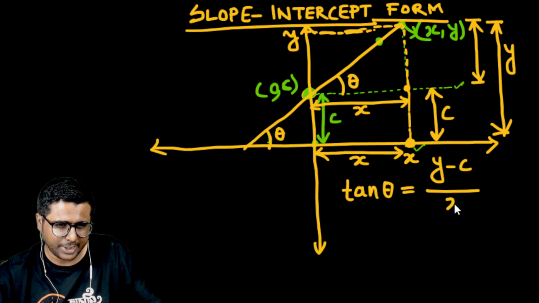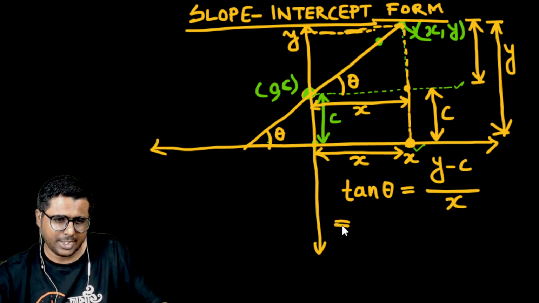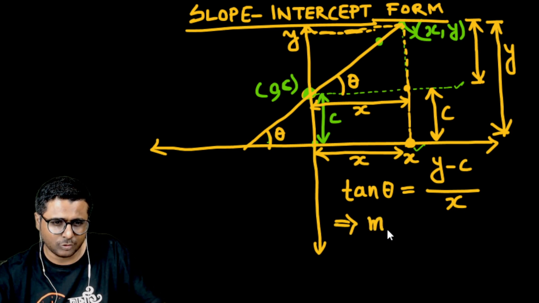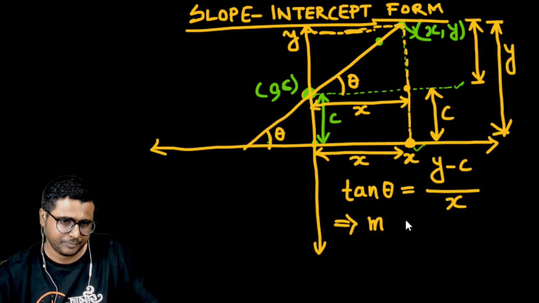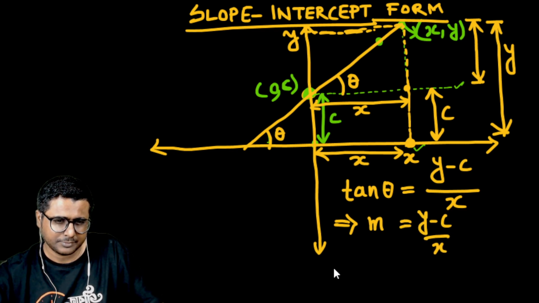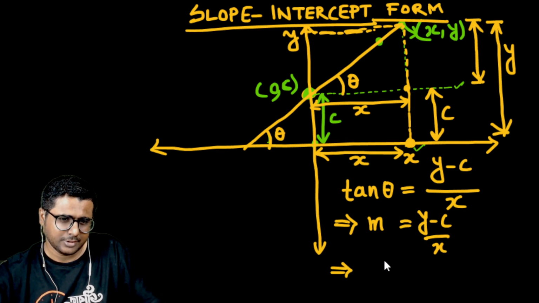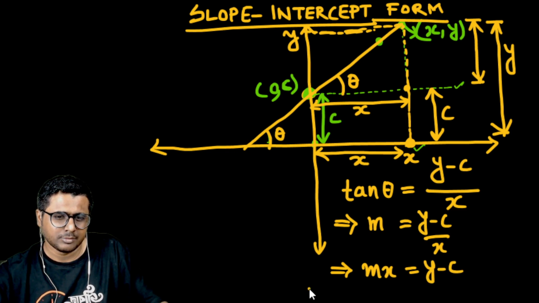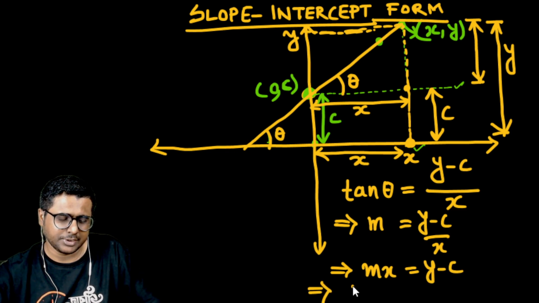So here it will be x, and we know tan theta is designated as slope, which is denoted by m, is equal to y minus c by x. Here we go for cross multiplication, mx is equal to y minus c, and one of our mysteries is solved, that y is equal to mx plus c.